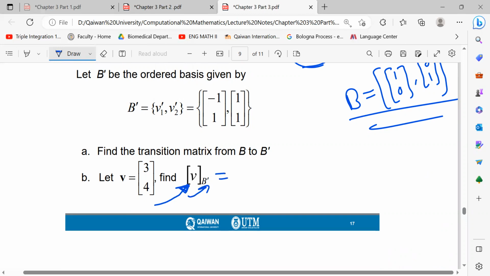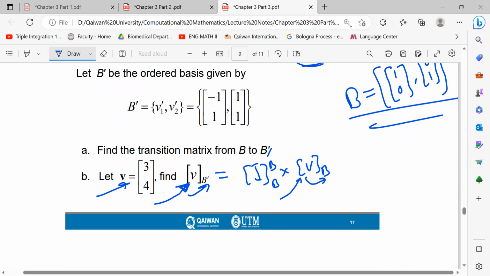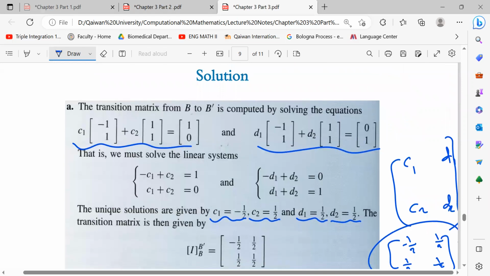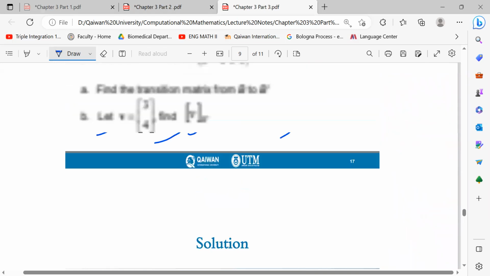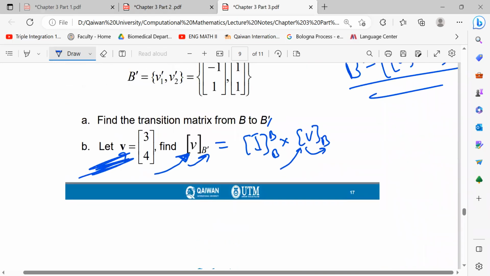We say this equals the transition matrix times the coordinates of V relative to B. But V is given here. The coordinate is not given. V itself is given. How to find the coordinate of V?